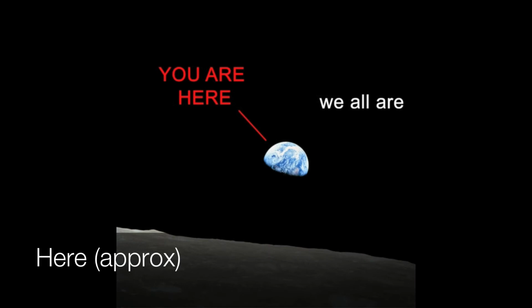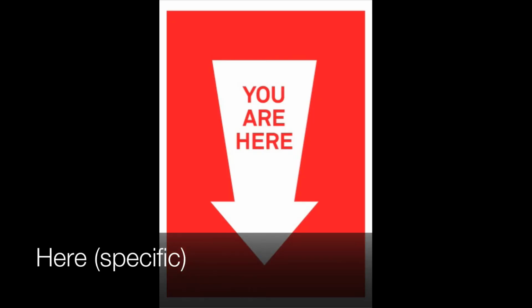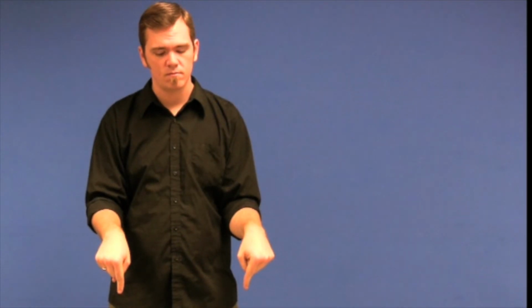The sign for here, approximately, is here, with the circle. Now if you're specifically talking about here, right where you're standing, is here. So this is here, specific.